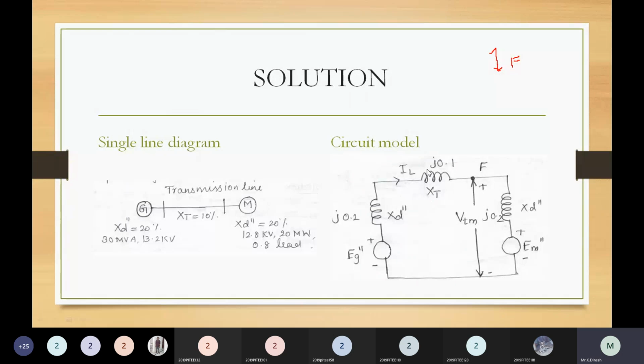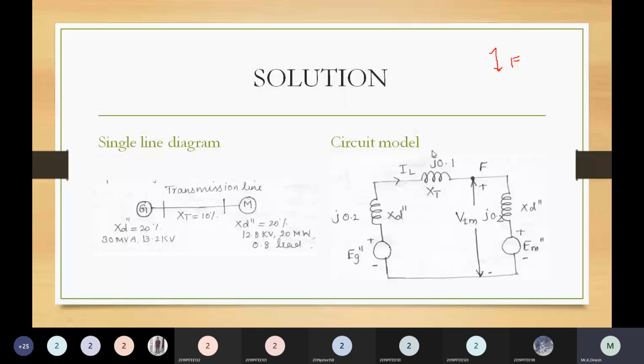That is the transmission line reactance. The transmission line is connected in series with the motor reactance j0.2 and the motor back EMF EM double dash. It is commonly grounded. So the single line diagram is represented by this circuit model.